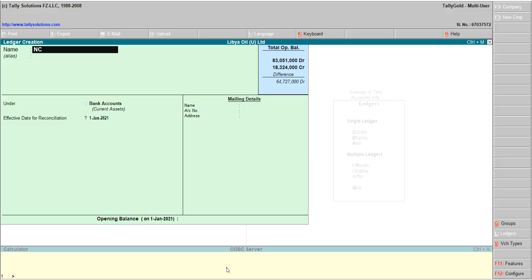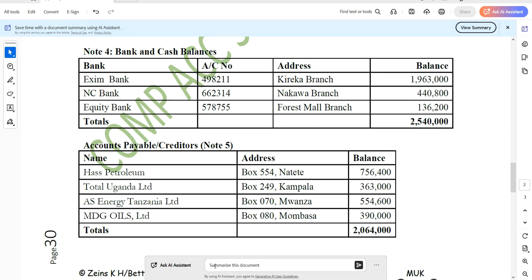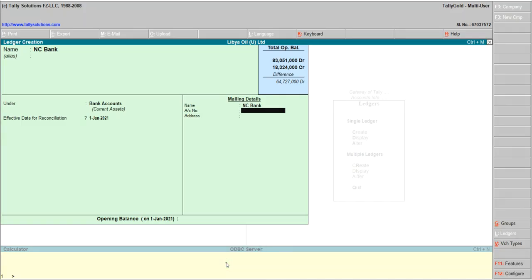Next is NC Bank. What's the account number for NC Bank? 662314.